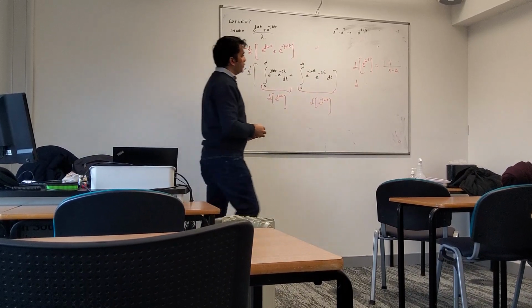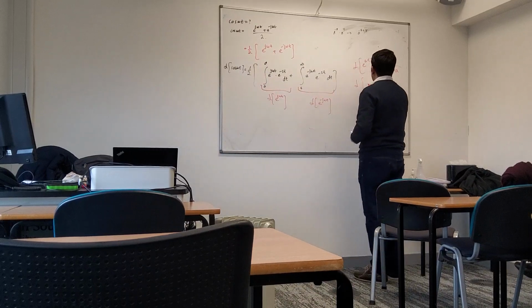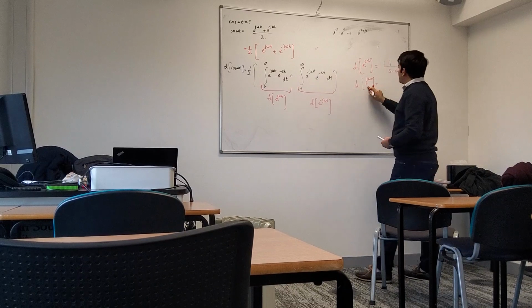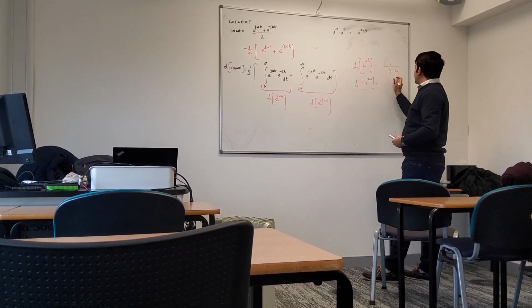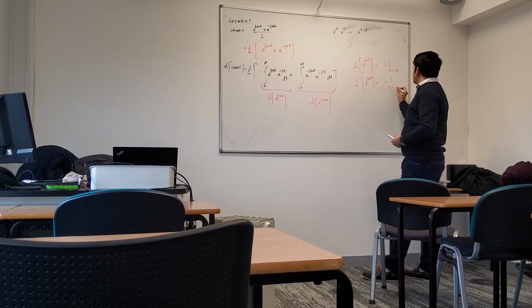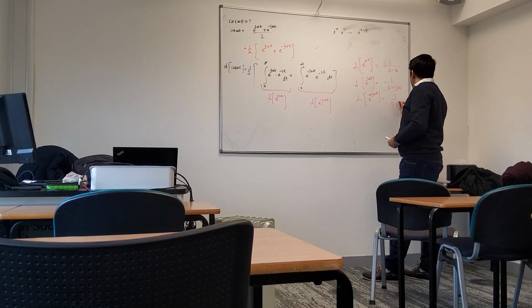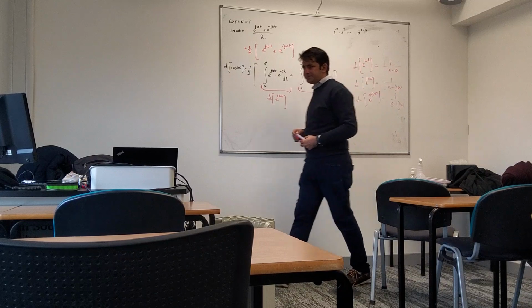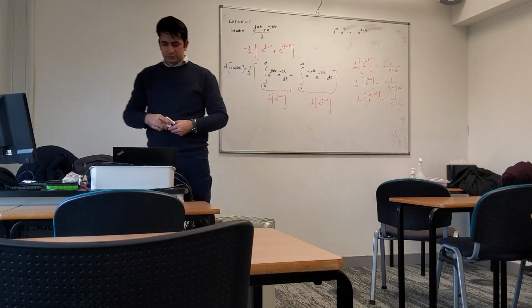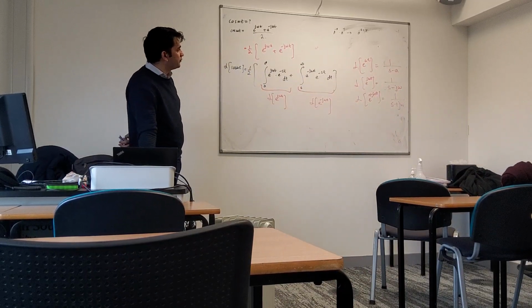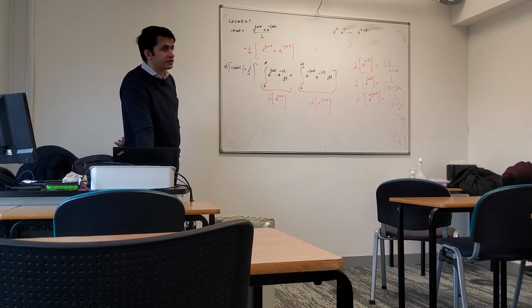So from here I came to know that a is here, so it would come as s minus j omega. And if we have Laplace of e power minus j omega t, it would come as s plus j omega. It's correct so far, right?